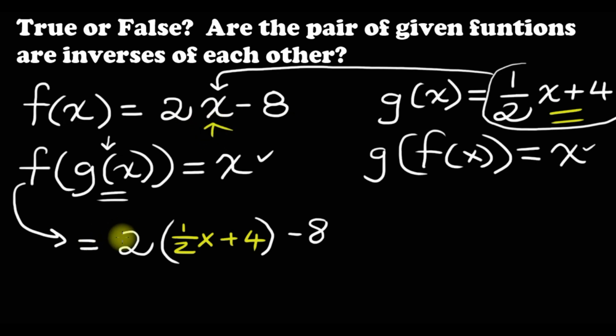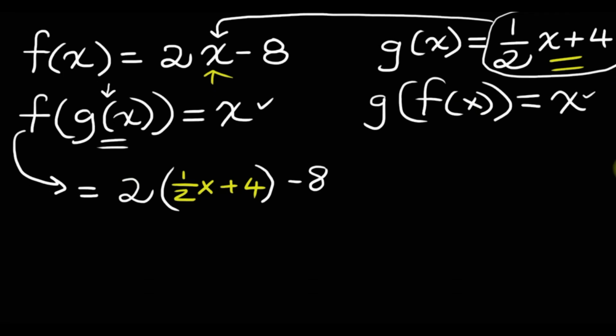All right, so now you have to simplify, see what it comes out to. So we're going to simplify this, distribute the 2. So half of 2 is 1, so that's just going to be 1x. So we can just write it out as x. 1x and x is the same thing.